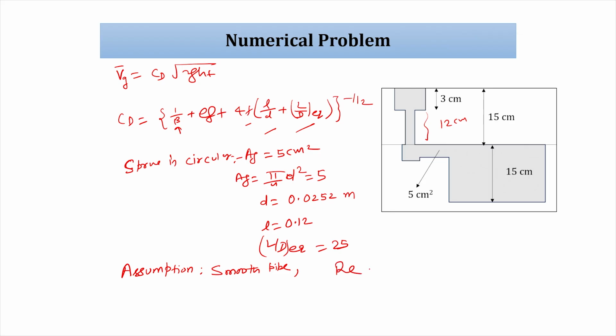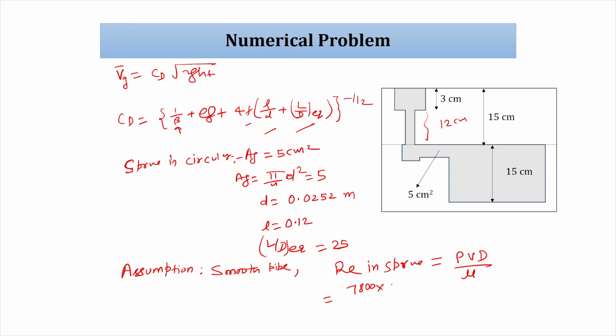We have to calculate our Reynolds number in the sprue, equal to rho V D by mu. Rho is 7800, into velocity; we do not know the velocity because we do not know CD.